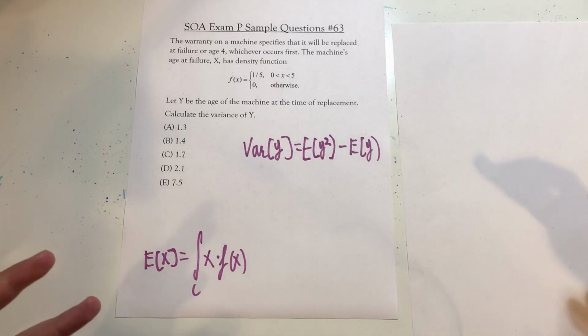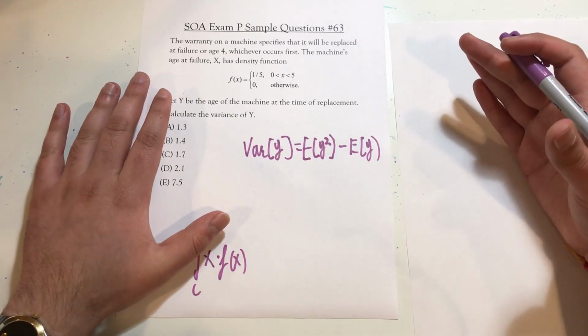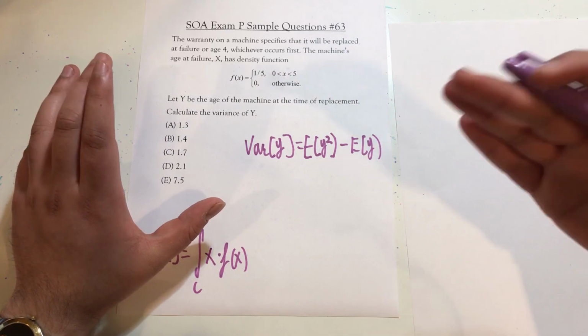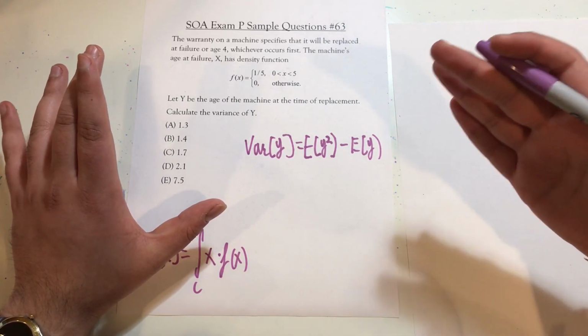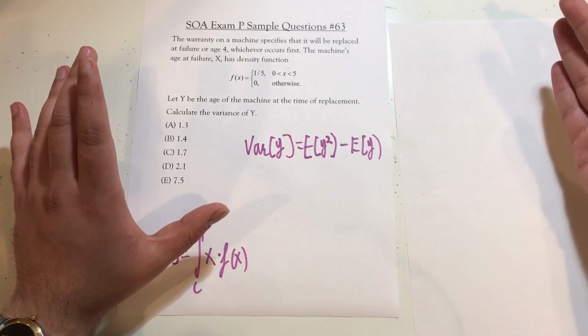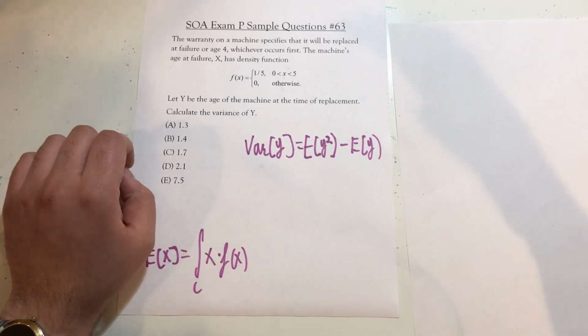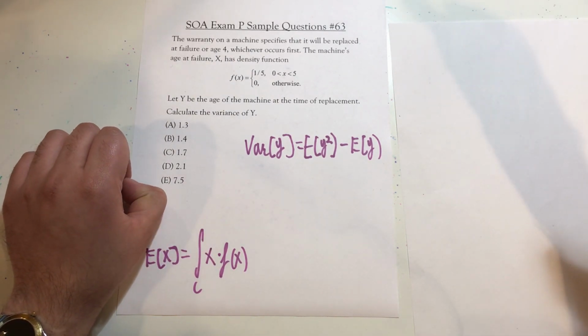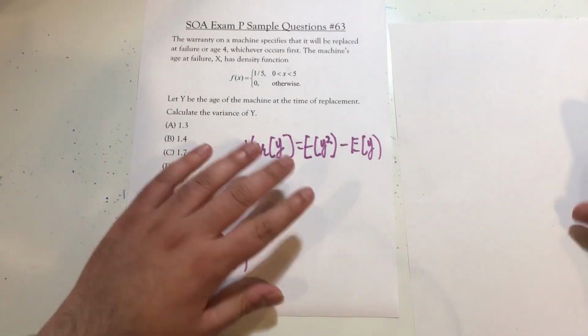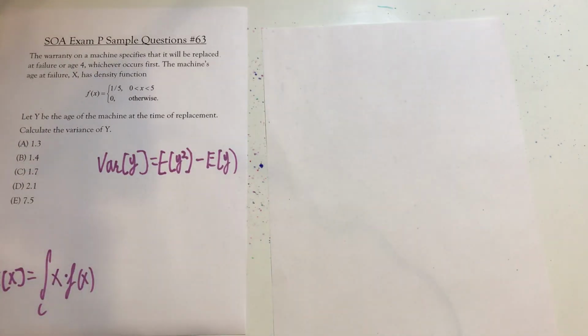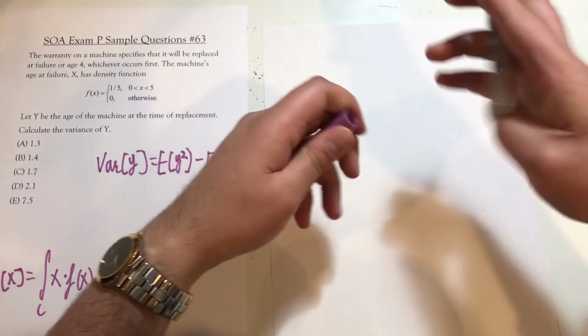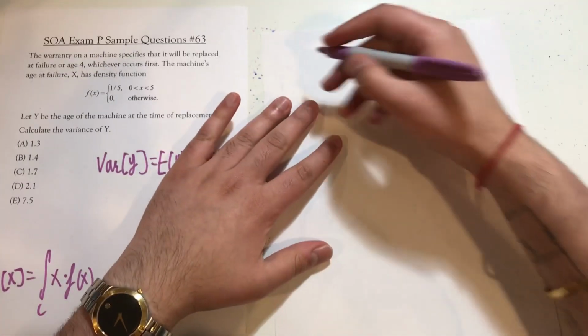All right, so we have two things here. We have x, which is the time that a machine fails, and y, which is the age of the machine at the time of replacement, which happens to be a function of x. Let me first figure out what y should be.